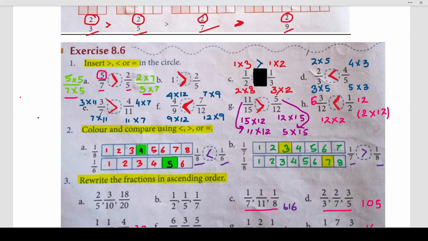So this 7 into 5 is 35 and this 5 into 7 is 35. Since with the 5 by 7 fraction we have multiplied the denominator by 5, the same number 5 has to be multiplied with the numerator. So this becomes 25 by 35. Okay, this becomes your first fraction, 25 by 35.